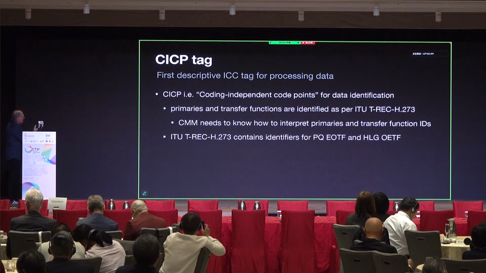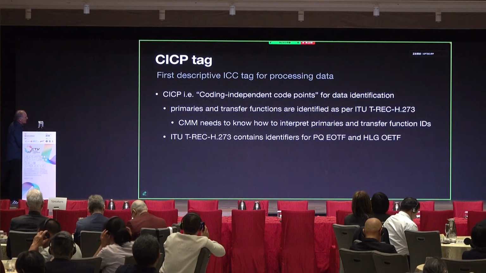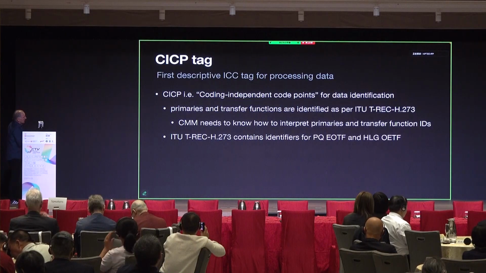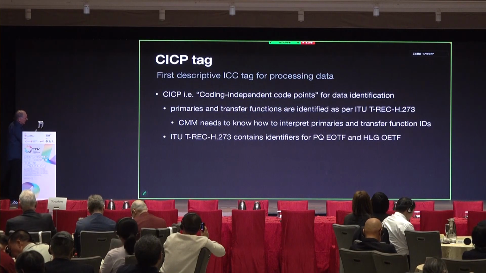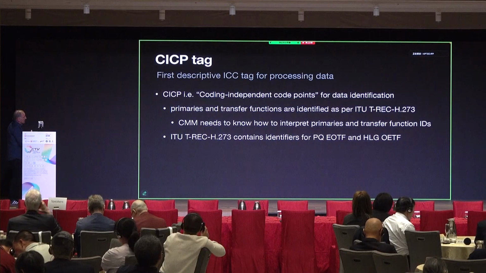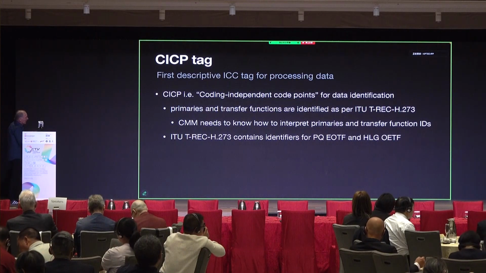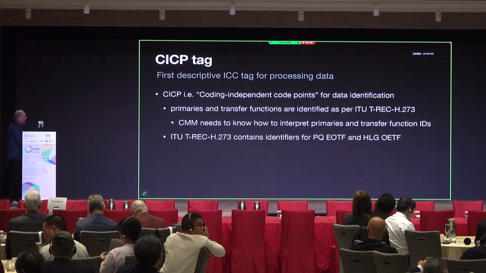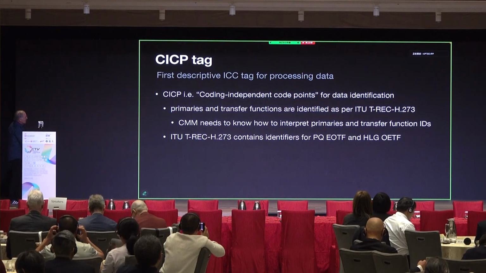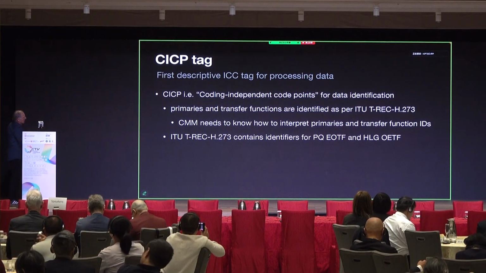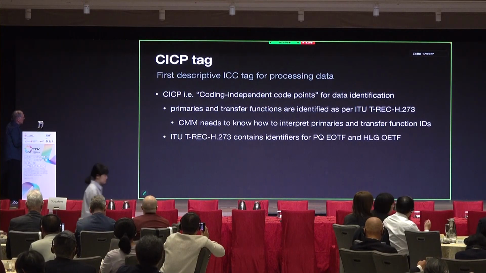CICP is something which is used in other standards, and it stands for coding independent code points. It is a significant shift from the traditional ICC color approach where, as I mentioned, the processing was described by some anonymous matrices, transfer functions and lookup tables. Here, CICP instead uses identifiers, and those can be found in ITU specifications like, for example, ITU-T H.273.